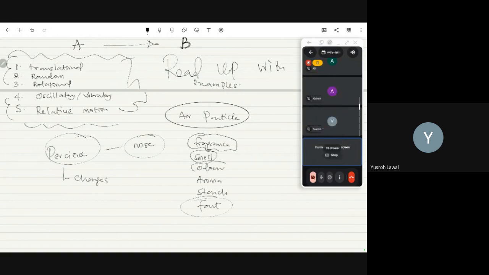Odor can also be bad or good, but most times it's negative. You have to understand the concept of negative and positive words. Odor, bad odor, body odor. Aroma has to do with food.